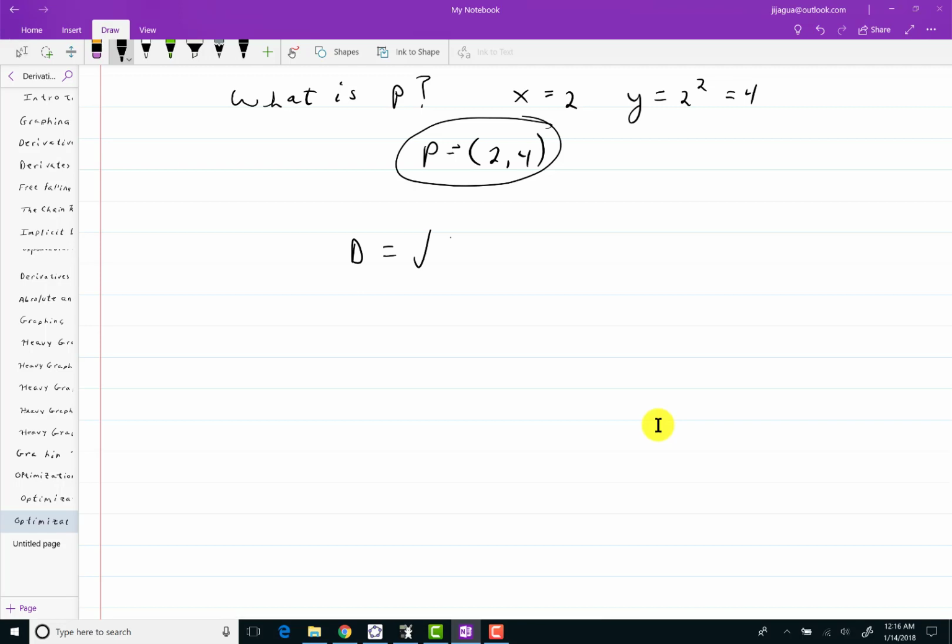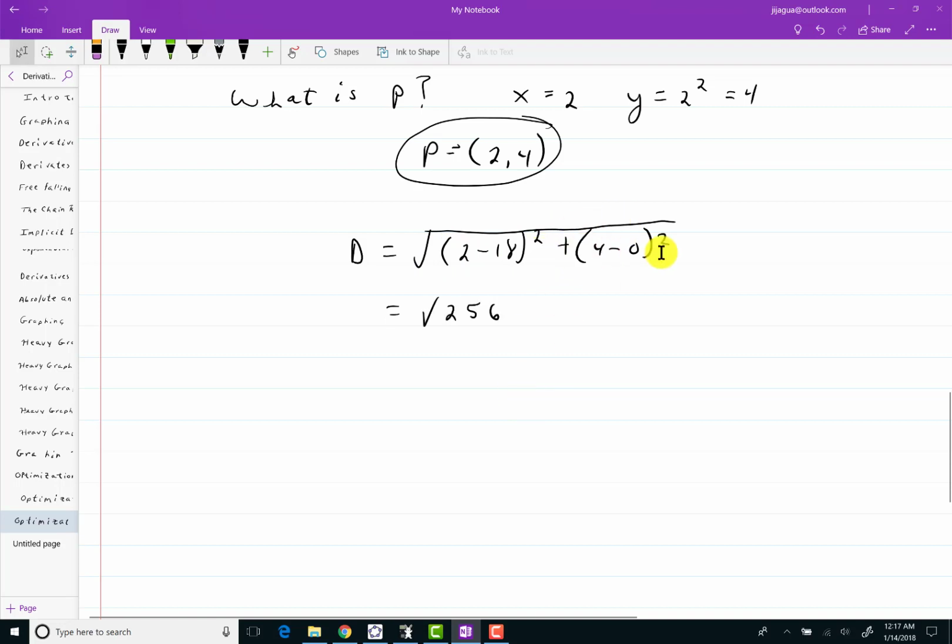I have x was 2, so I have 2 minus 18 squared plus 4 minus 0 squared. That equals negative 16. If I square that, it will be positive 256. And then, of course, 4 squared is 16. That ends up being the square root of 272.